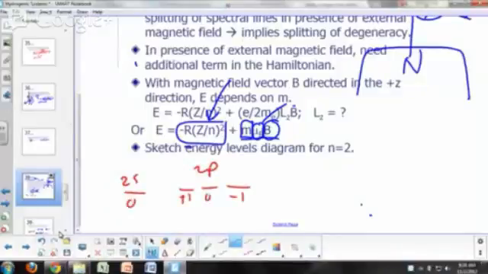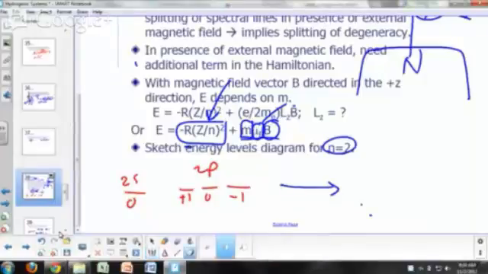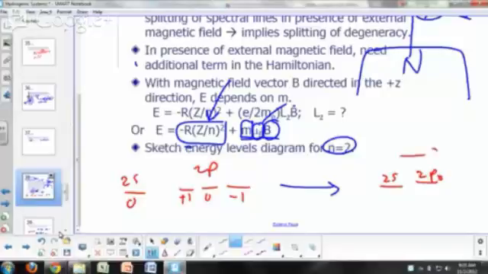Here m is 0 for the s orbital. All those 4 orbitals would correspond to the same energy level, E2, without the magnetic field. In the presence of a magnetic field, your 2s and your 2p0 will be unaffected, but your 2p plus 1 would be higher in energy, and your 2p negative 1 would be lower in energy.